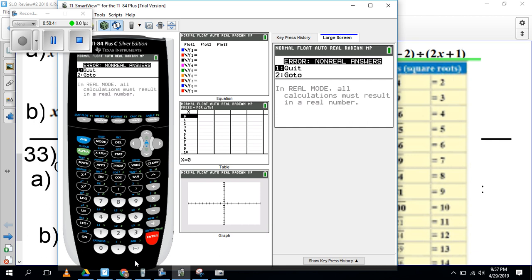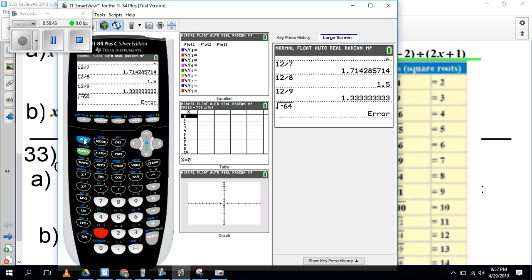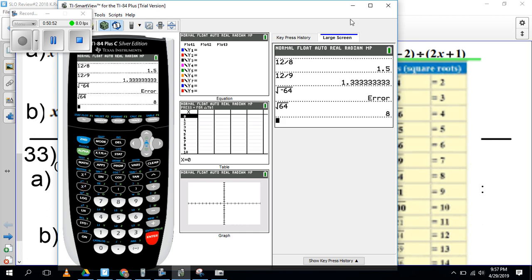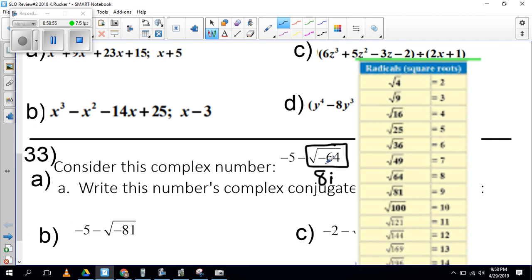So another way, let me quit that. If I just did the second square root of 64, there's my 8 that way too. So either way you want to do it. And then the negative just changed it to an i. Okay? It doesn't change to a positive. It just changes to an i.